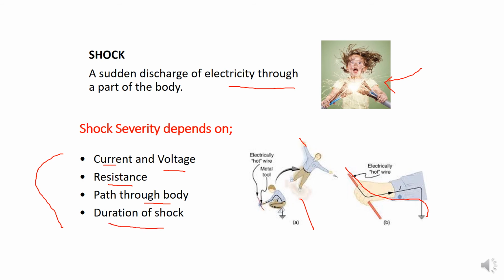The last one is the duration of the shock. It decides how much electricity, voltage, and current passes through the body. All these things determine the severity of the shock.